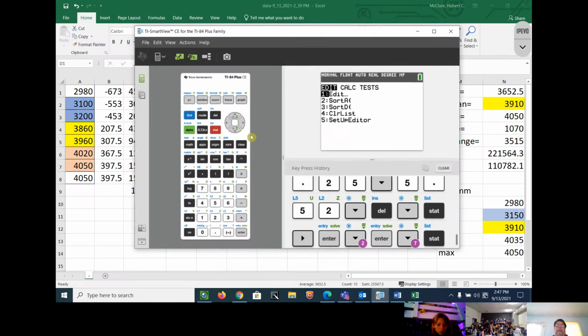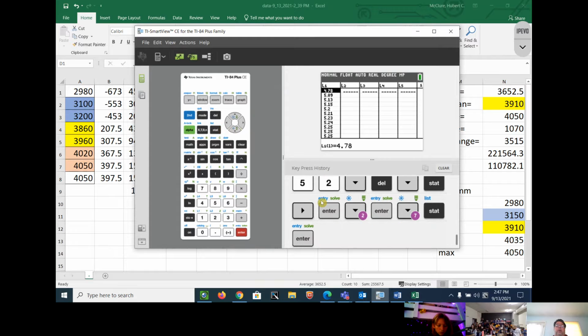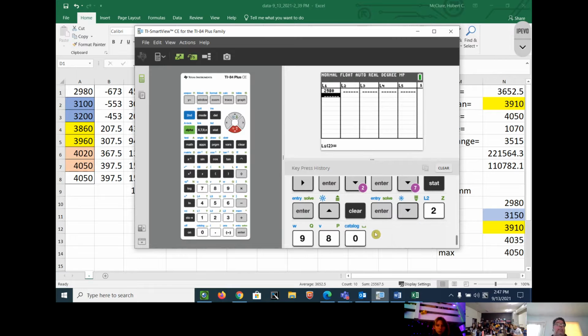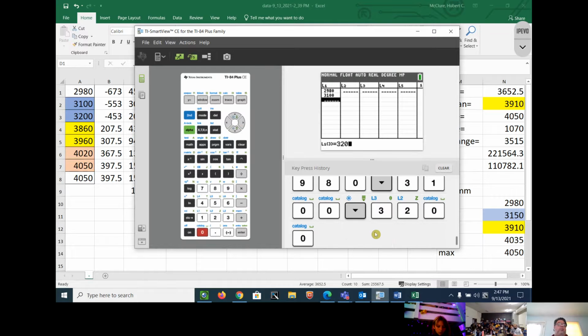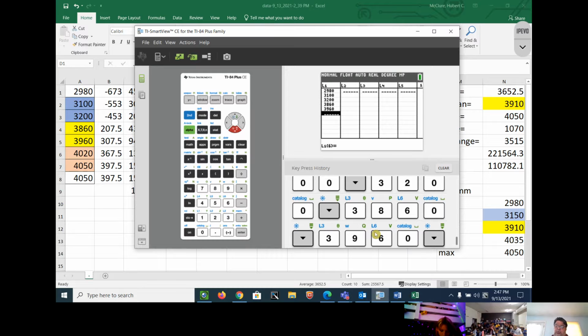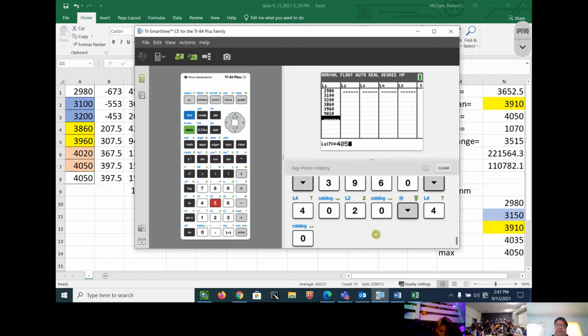Stat, edit, and I'm going to clear because I don't want to delete all those. So I'm just going to clear it. 2890, I'm sorry, 2980, 3100, 3200, 3860, 3960, 4020, dang old John Deere, 4050, and 4050.